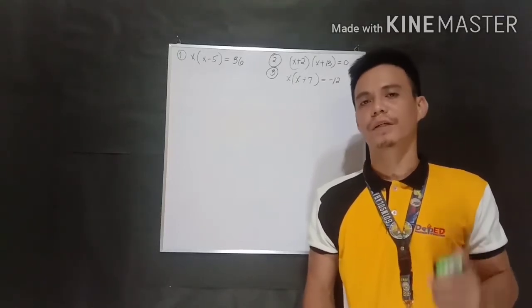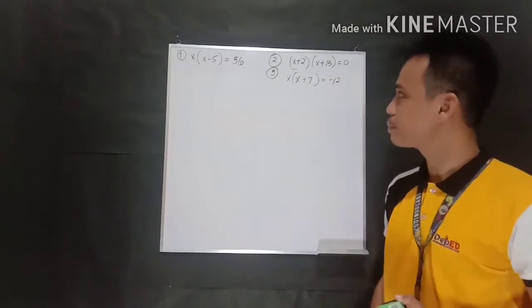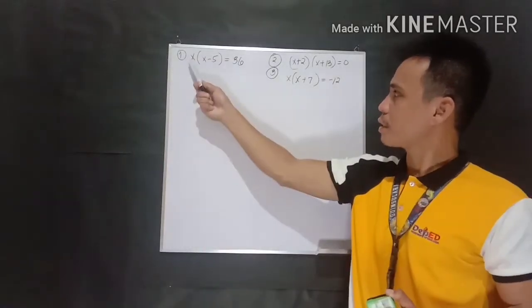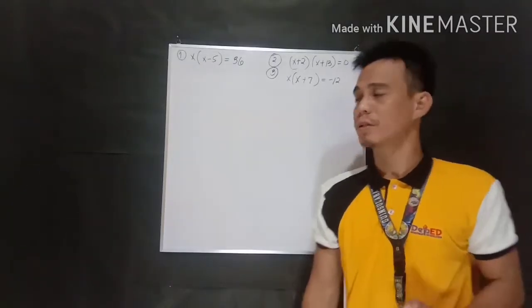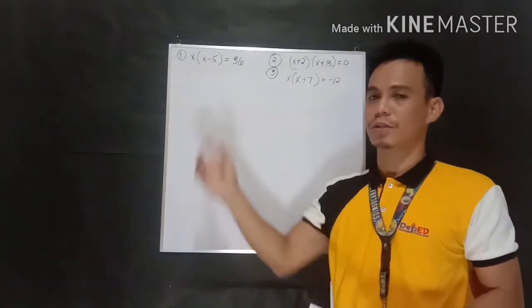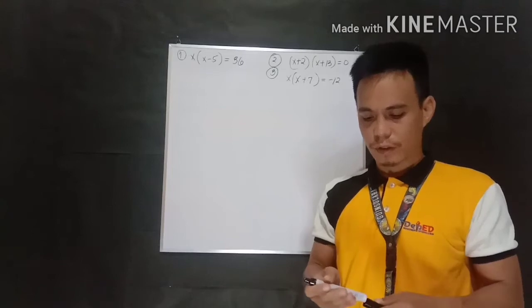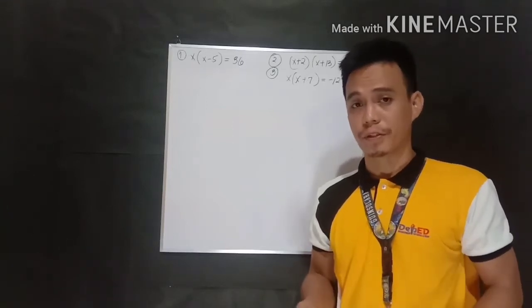1, 2, 3. Example number 1, given: the quantity x minus 5 times x equals 36. So, in solving for x in this given number 1, we need to perform the operations first.